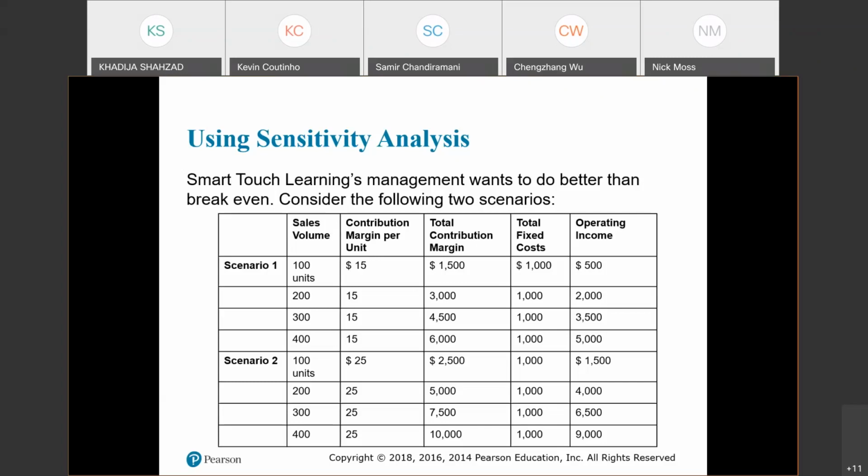So in scenario 1, each increase in sales of 100 units increases operating income by $1,500. While in scenario 2, each increase in sales of 100 units increases operating income by $2,500.